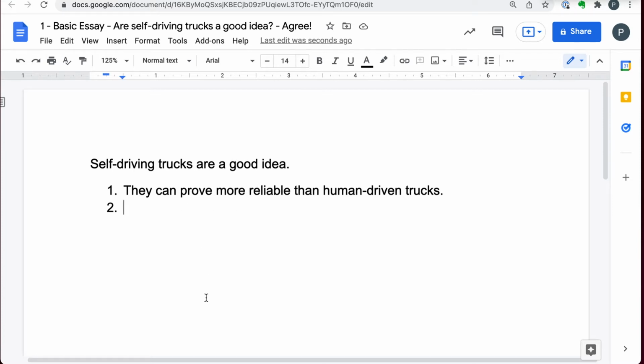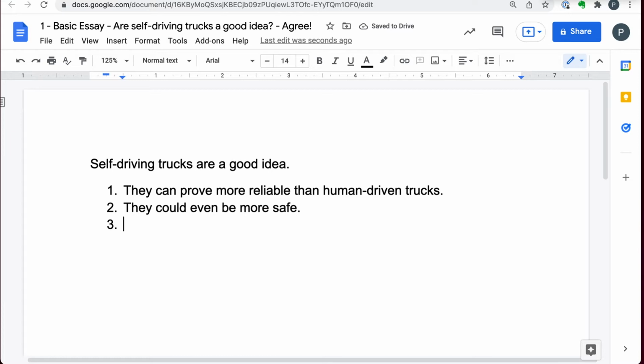Okay, very good. Next, I'm flying without a net, so I'm thinking. I need three reasons that are different from one another. Self-driving trucks are a good idea. What else? Reliability, safety is another thing. They could even be more safe. Reliability is one thing, safety is another thing.